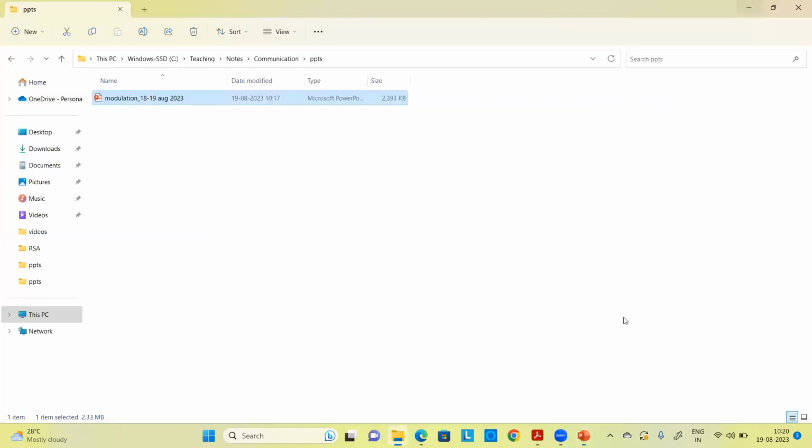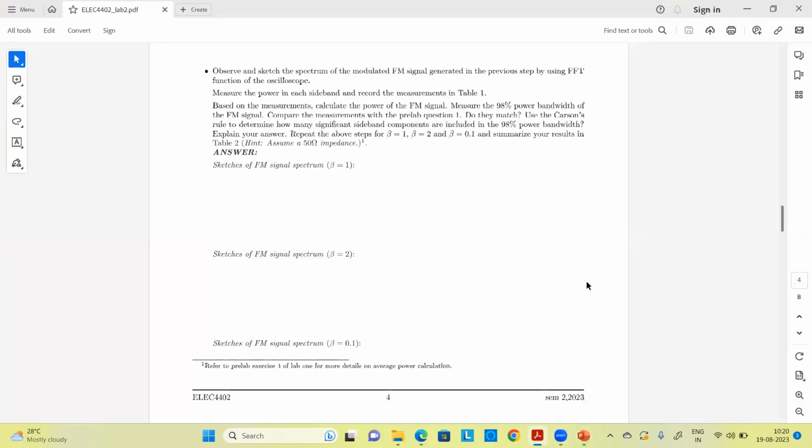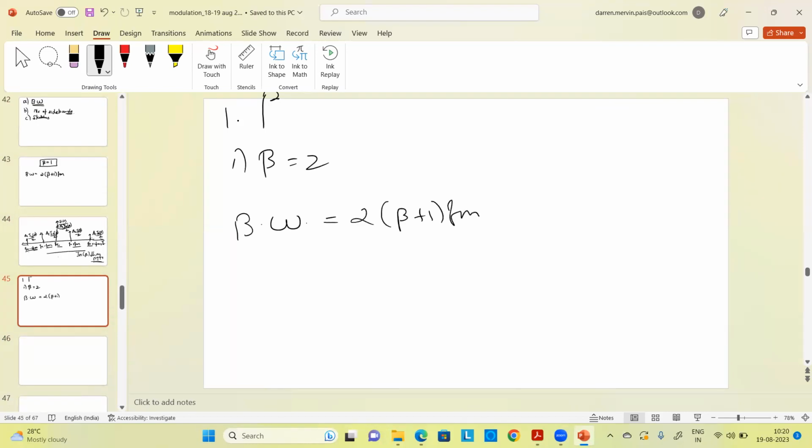Okay, so now we'll try to do the same thing for beta equal to 2. When beta is equal to 2, the bandwidth is equal to 2 into (beta plus 1) into Fm, 2 into 3 into Fm, 6 into 5 kilohertz.